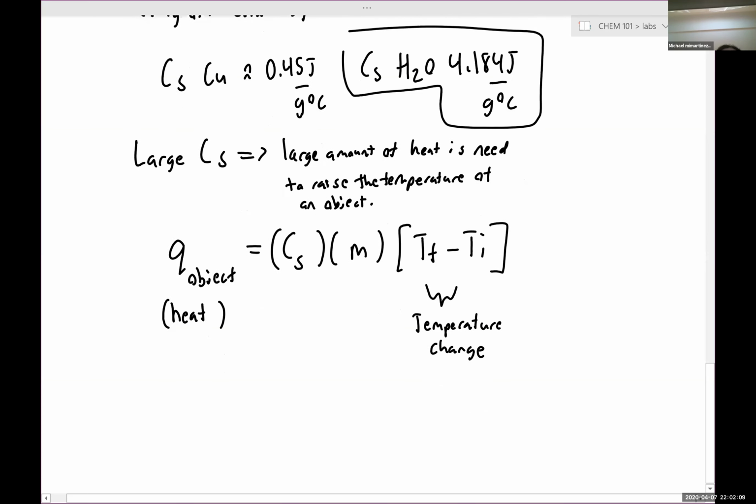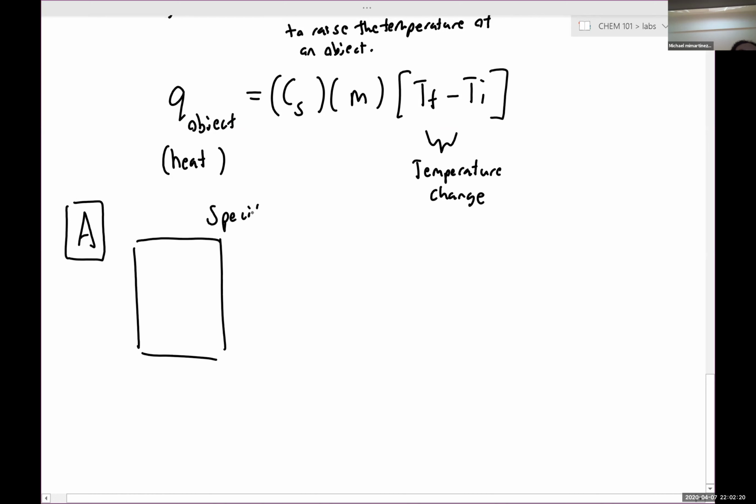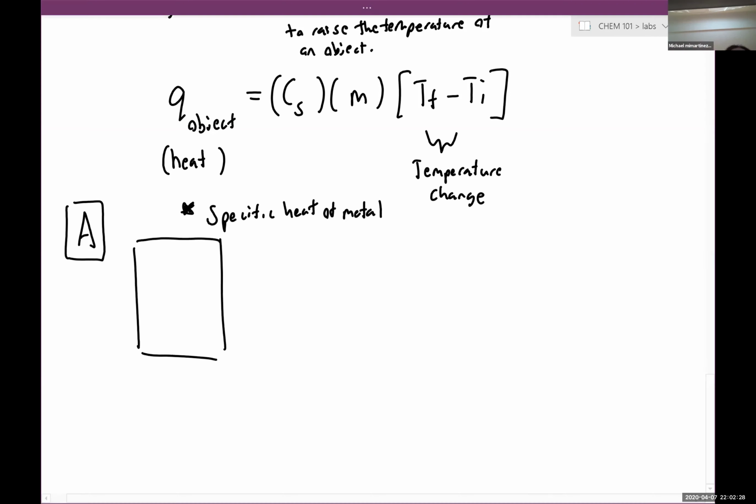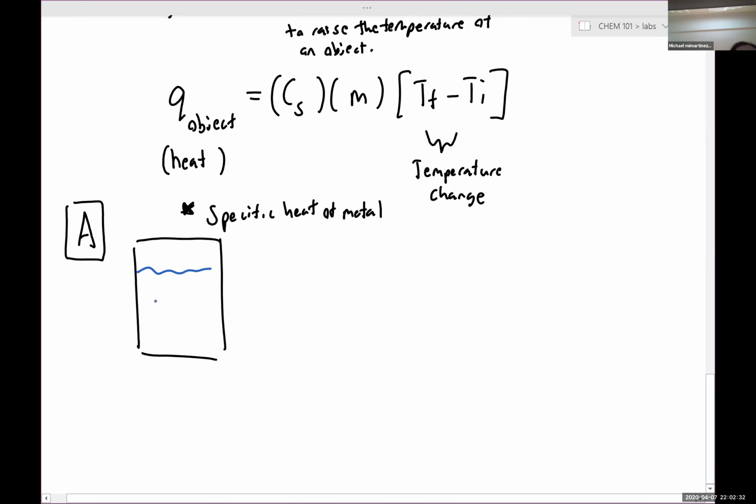So let's do an example. Let's look at a practical example that we'll do in part A of the experiment. So in part A, we are measuring the specific heat of a metal. Okay? So in this first experiment where I measure the specific heat of a metal, we are going to have water at a temperature T initial of approximately 22 degrees Celsius.